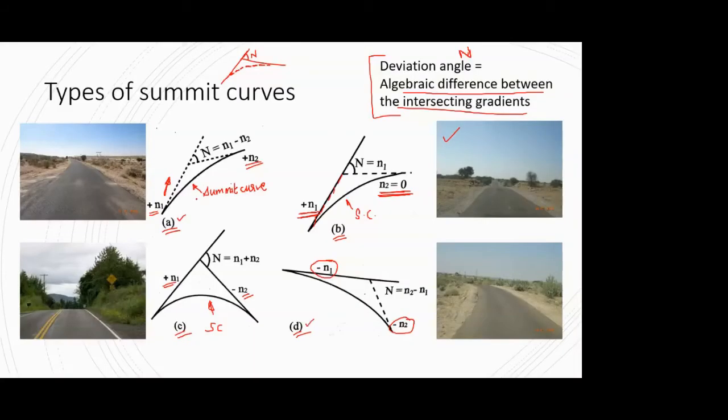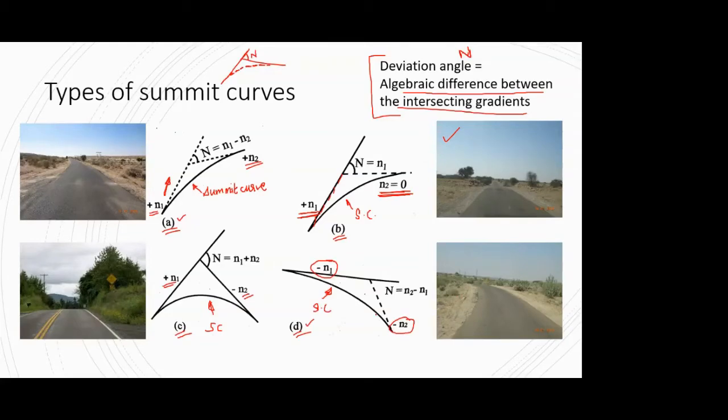In type A, we had two ascending gradients, but the first one was steeper, and the second one following it was milder. On the contrary, in type D you have a mild down gradient followed by a steep down gradient. In that case, again, you have this apex kind of formation, and you flatten it using this summit curve.